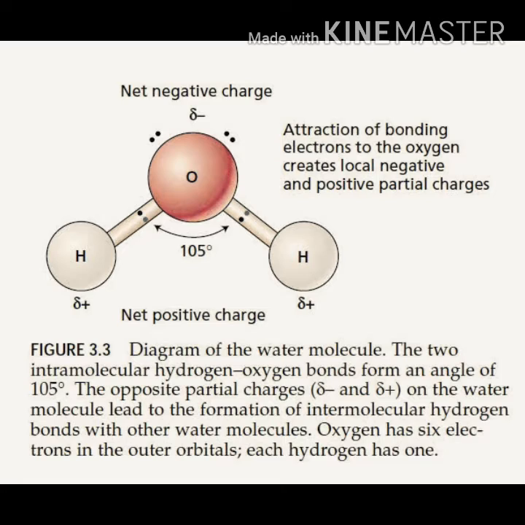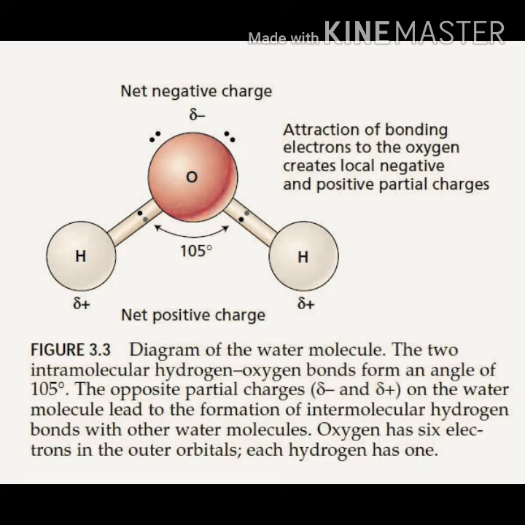So this is an opposite attraction between positive and negative particles. Since oxygen is more electronegative, the sharing of electrons between hydrogen and oxygen is unequal. The electrons are more often in the vicinity of the oxygen atom than of hydrogen. So this unequal electron sharing creates two electric dipoles in the water molecule.